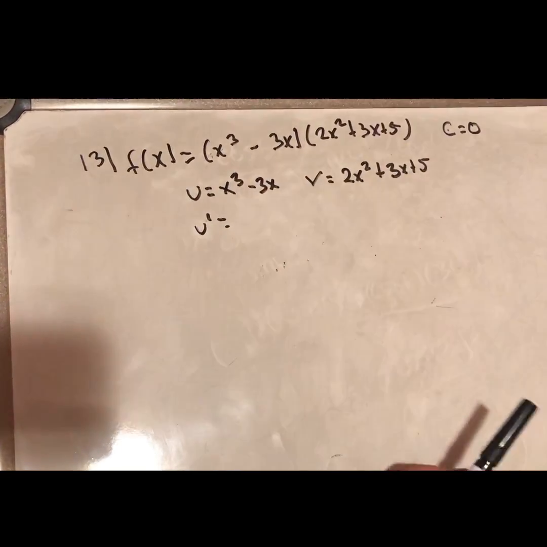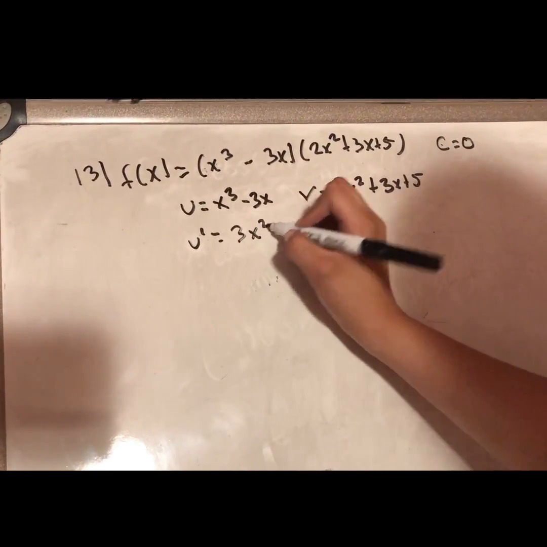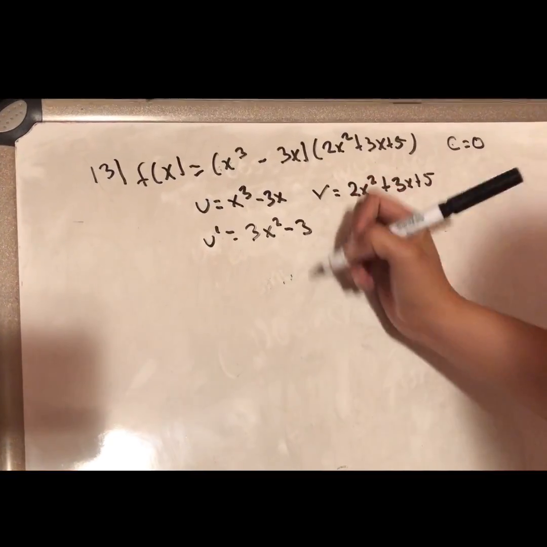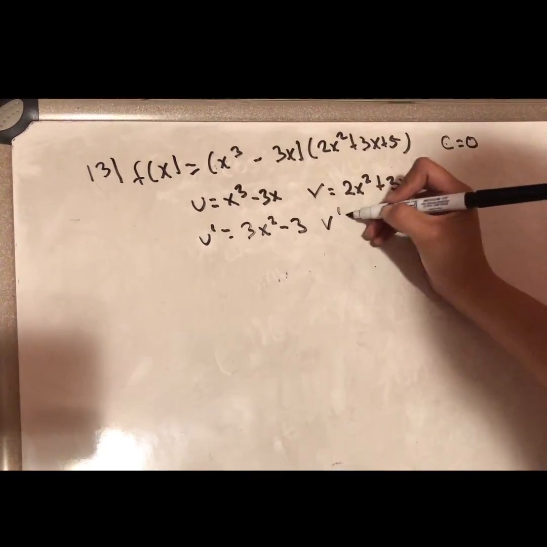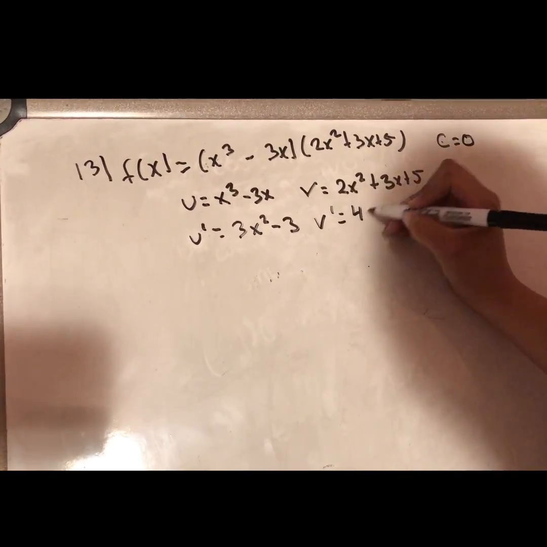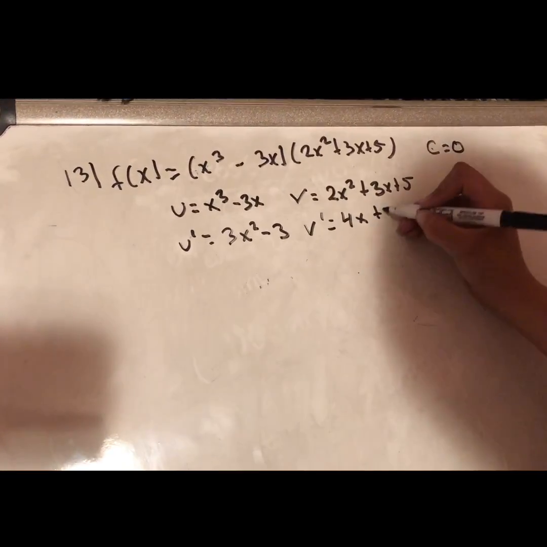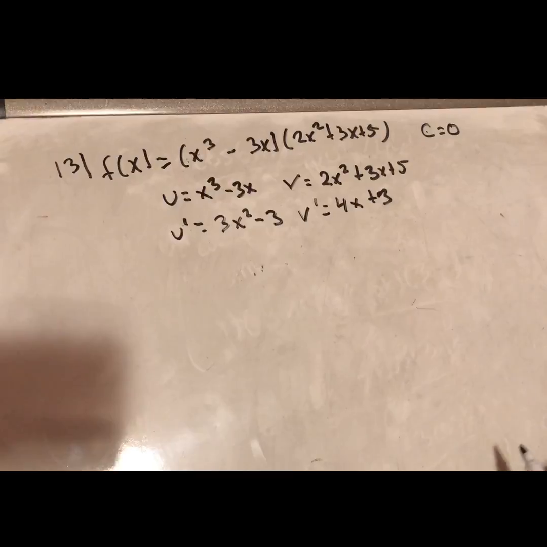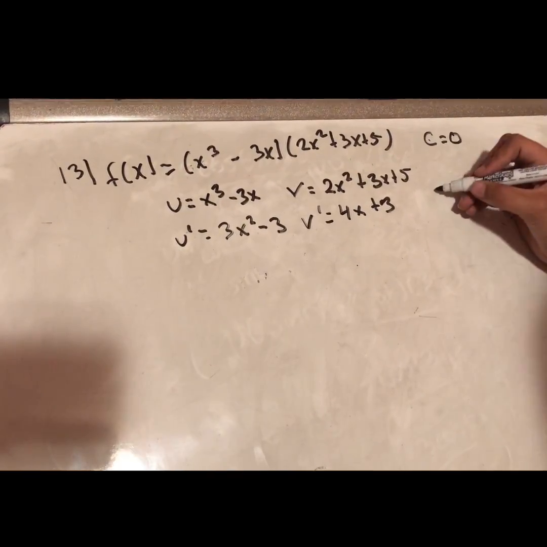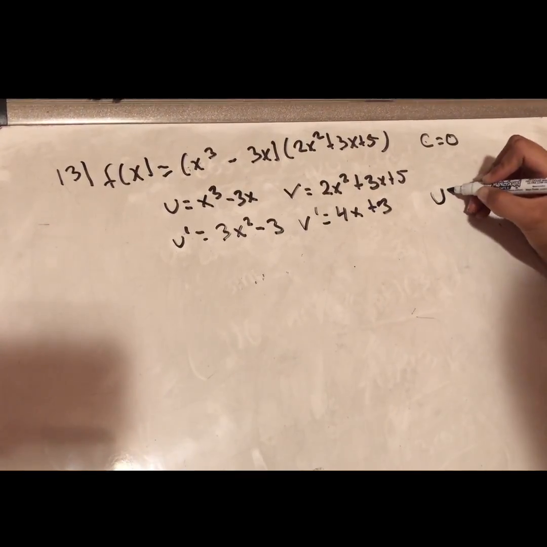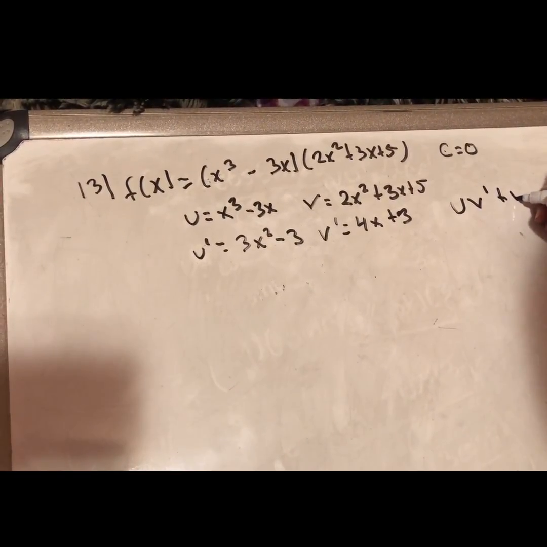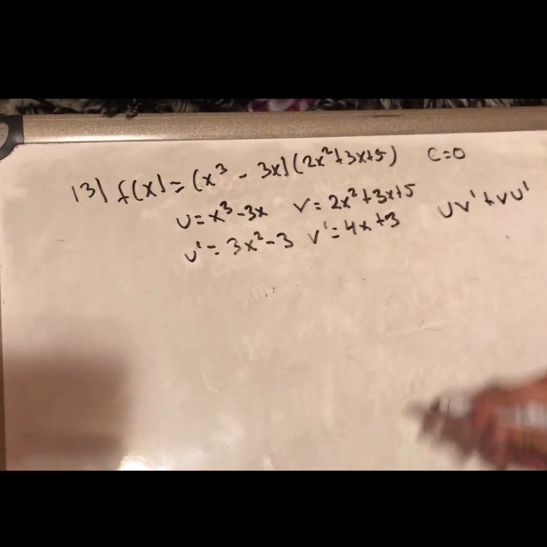Okay, so now you do the exact thing we've been doing, except these are a little bit longer. So u prime is 3x squared. The derivative of negative 3x is negative 3. v prime is 4x plus 3, and you don't use your 5 since it's a constant. So now if we forgot, our product rule is u v prime plus v u prime.